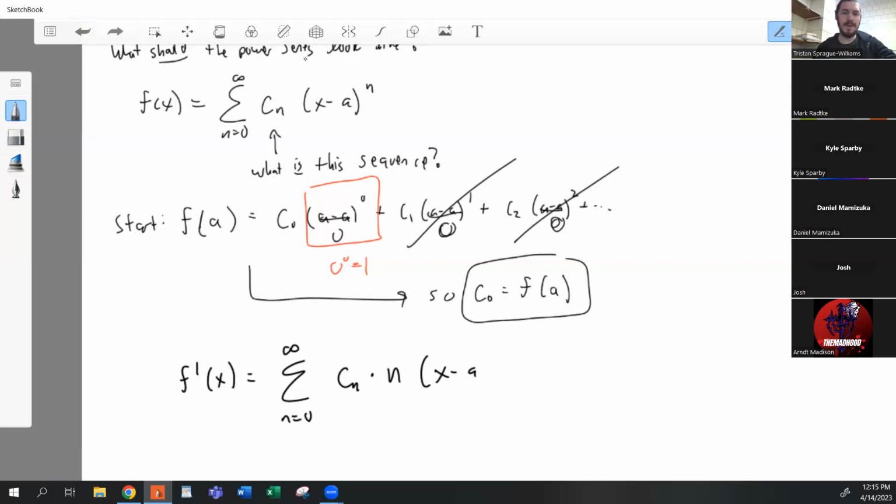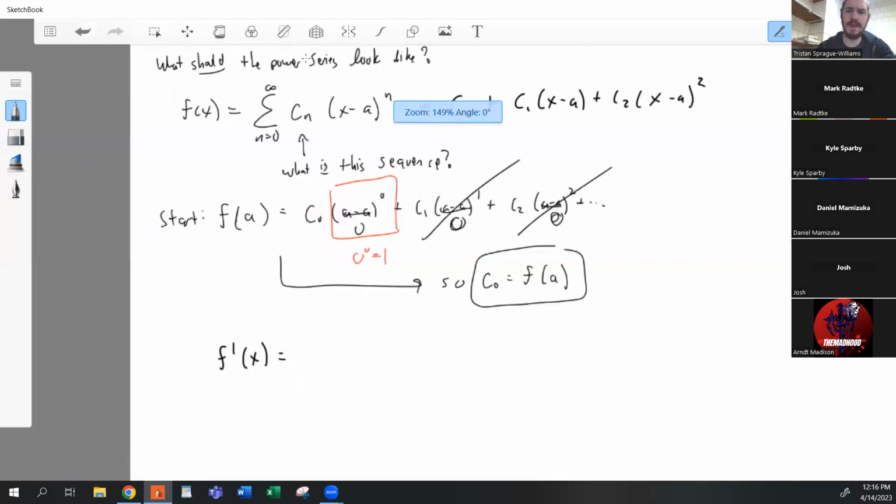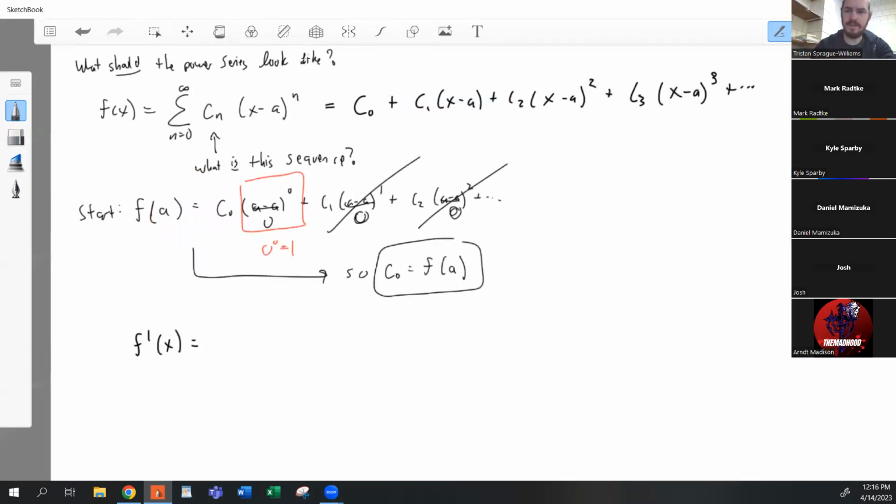Actually, it might be easier, instead of writing it out in summation notation, to write it out with the dot, dot, dot. Let's write it out as C0 plus C1 (x minus a) plus C2 (x minus a) squared, etc. We'll go out to C3 (x minus a) cubed, dot, dot, dot. If I do the derivative of this, the derivative of this constant term is 0, right?